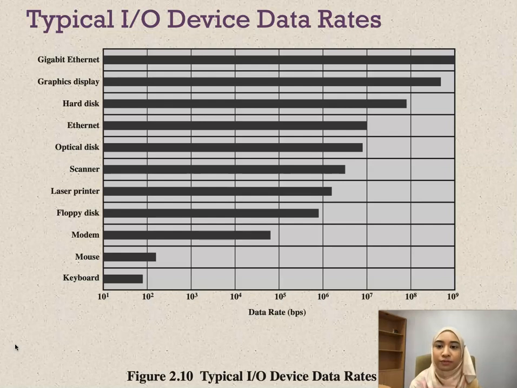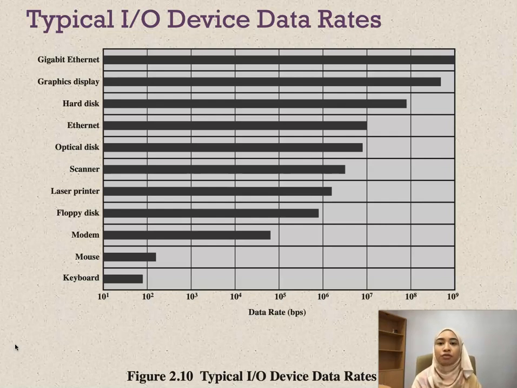I've told you before that these things that are connected to your computer are called peripheral devices. They are attached to your computer locally. They are not remote, which means that they are not considered IoT. They are connected, right? So despite being connected locally, they can demand data rates like this.